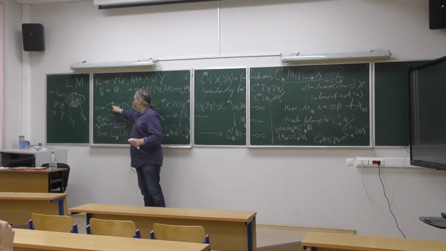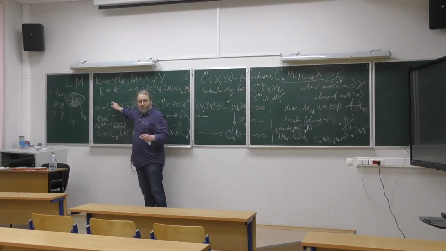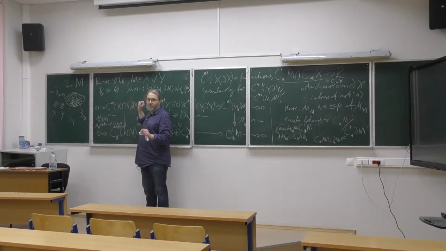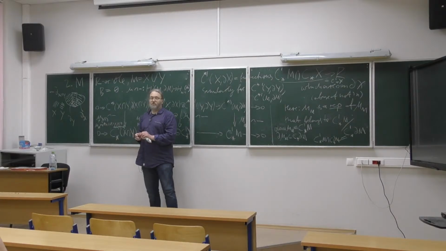Now here we have the whole complex of singular cochains which are 0 on the intersection.